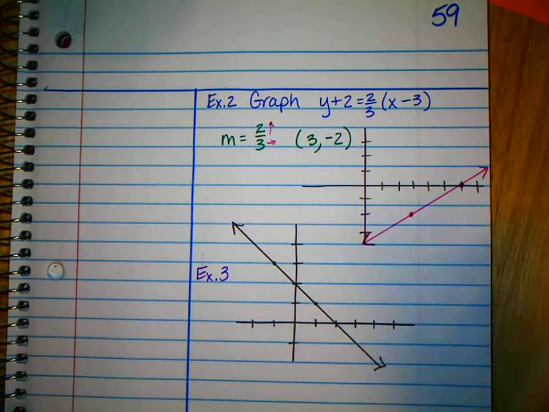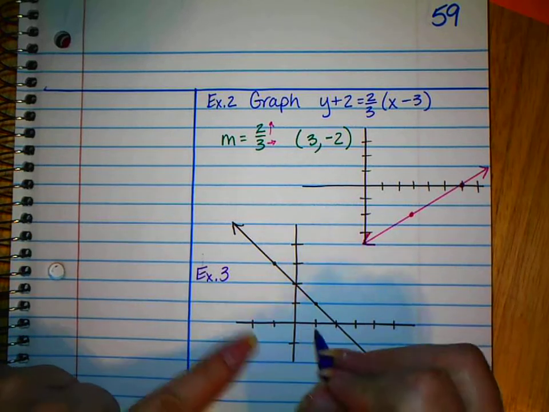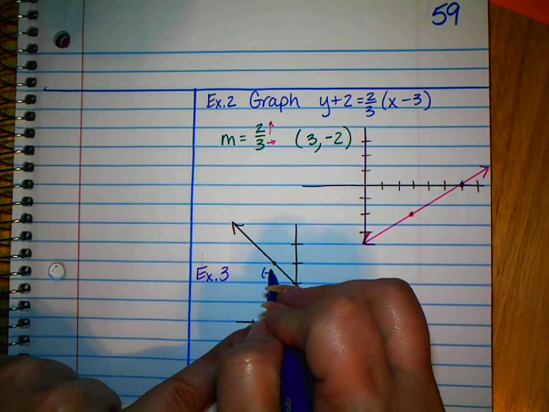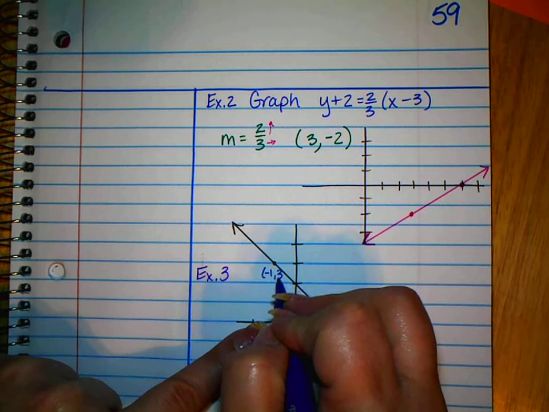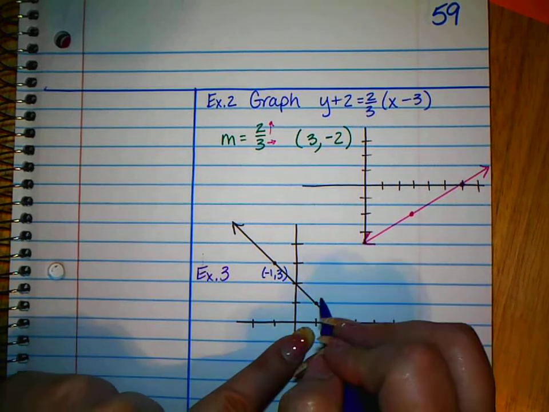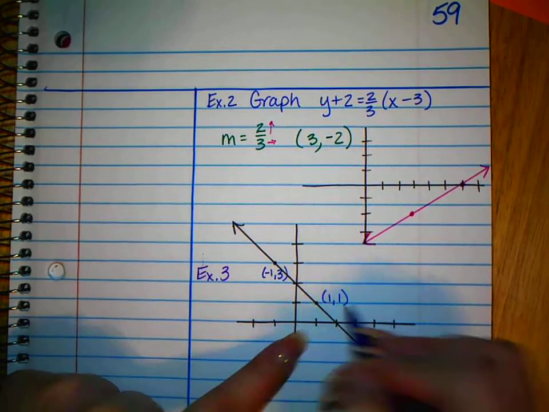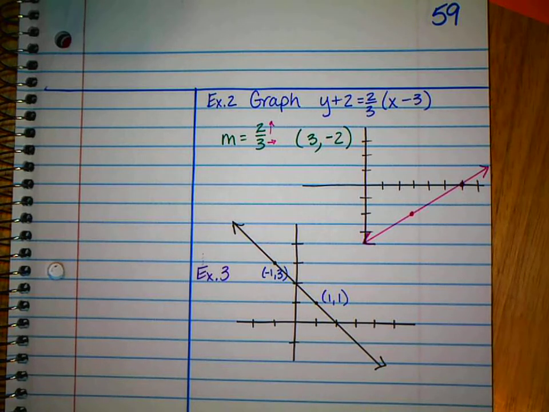Okay, so there's our graph that we're starting with. And one of the things that I would do is I would identify this point. -1, 3. And this looks like it's 1, 1. And those are the 2 points that I'm working with.